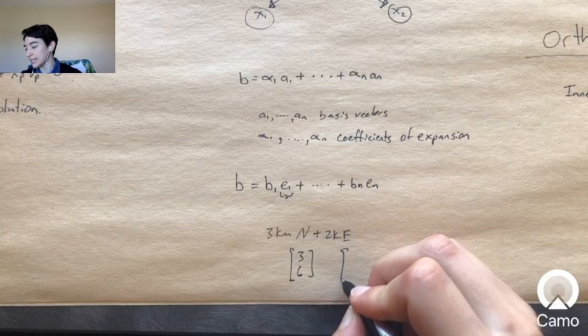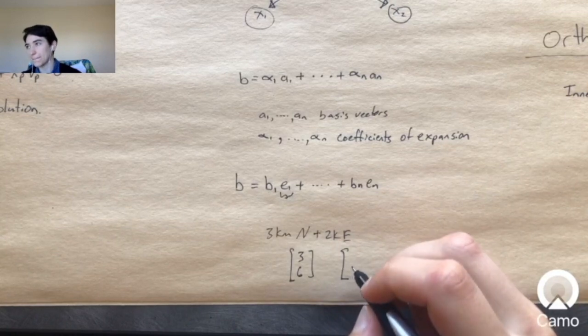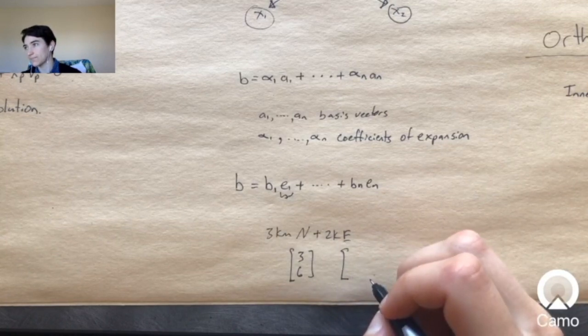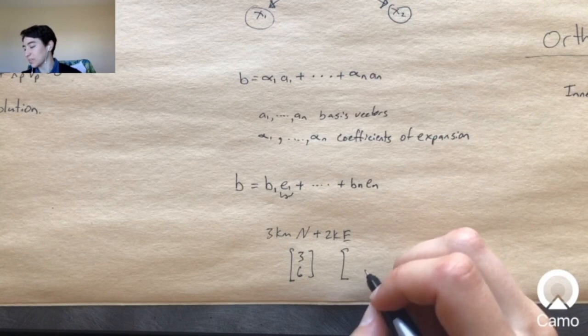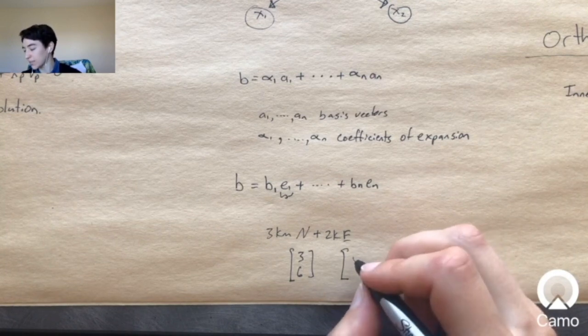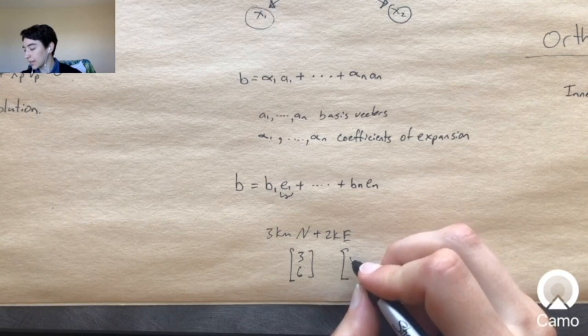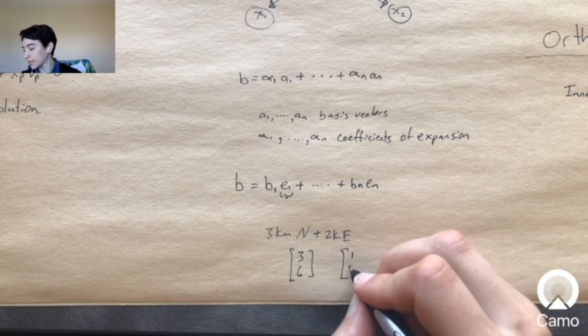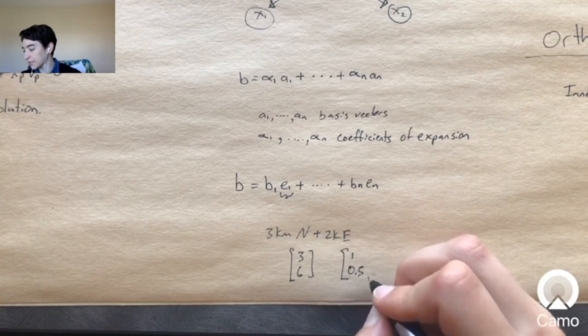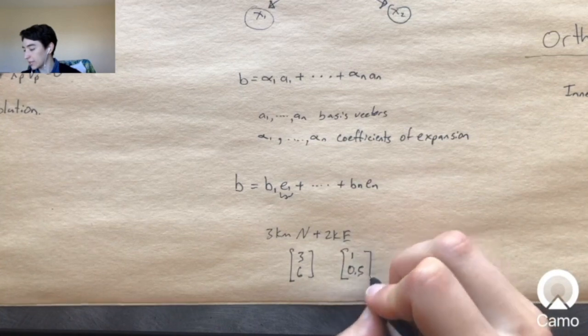And then east is actually like, oh gosh, I want these to be orthogonal, but they're not going to be orthogonal. They're not going to be perpendicular to each other because I'm making it up on the spot. Let's go 0.5. Is that accurate? Sure.